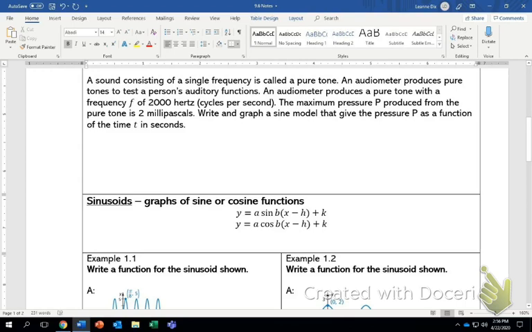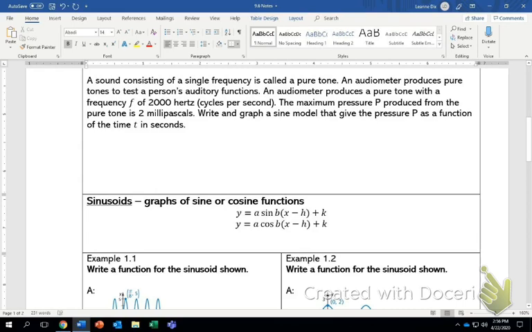The first thing we can do is say P is going to equal A sine of bx. A is our amplitude, sine because they told us to use sine, and B is where we get our period from. After reading the question, the very last sentence says write and graph a sine model.